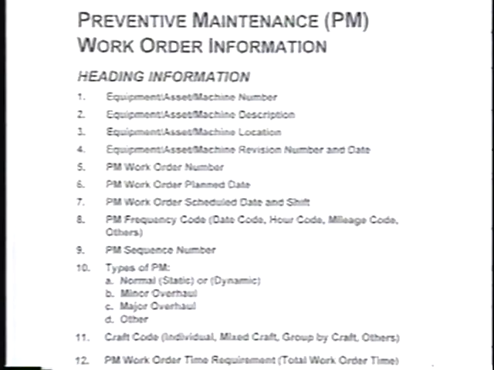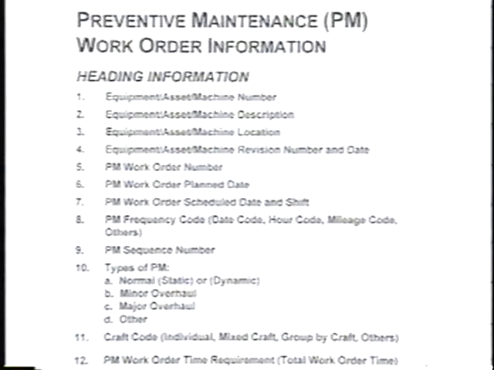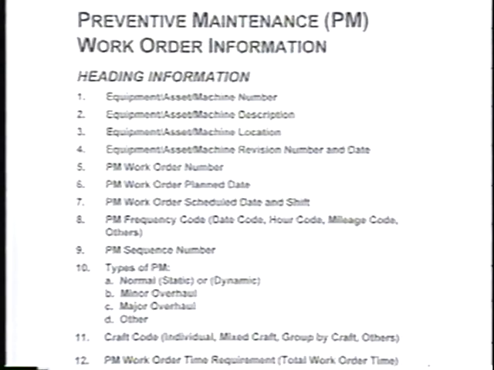The first major section is the heading information, and in this case we've identified 12 individual data elements that are required for the heading. And I think as you review these, you'll see that they are self-explained.